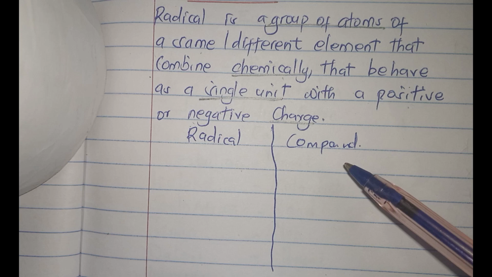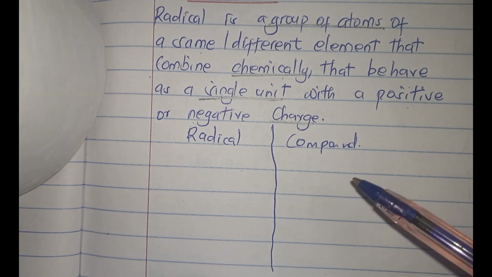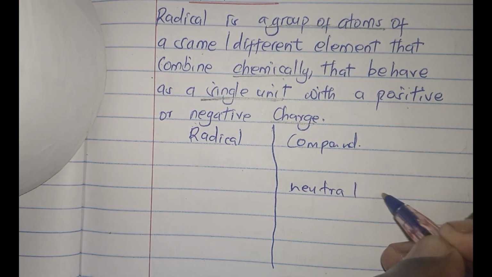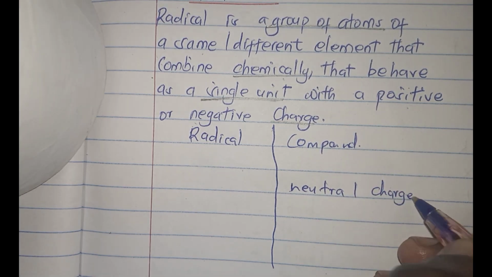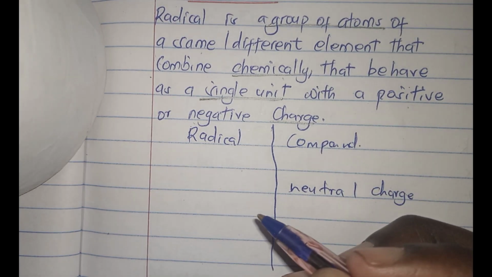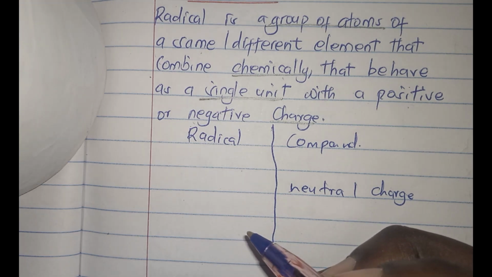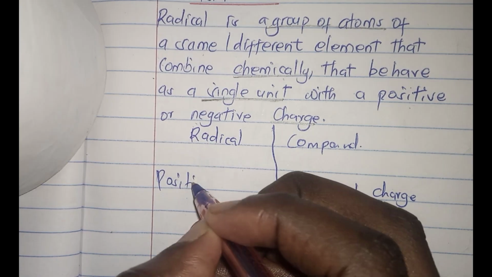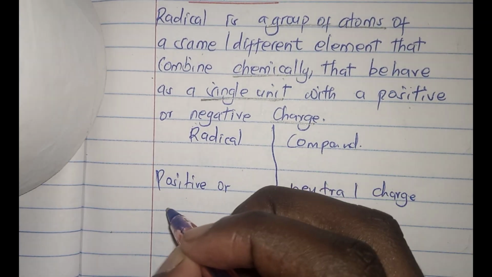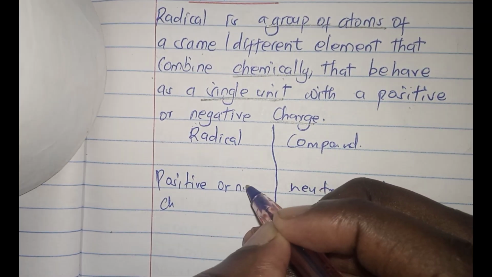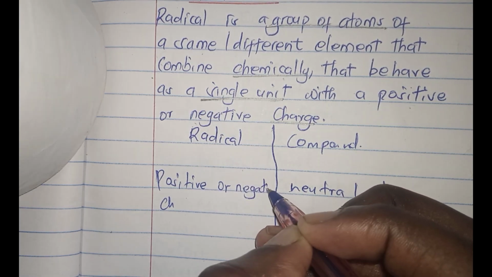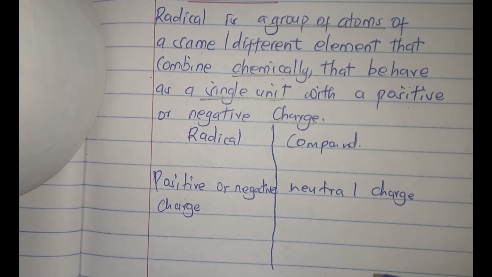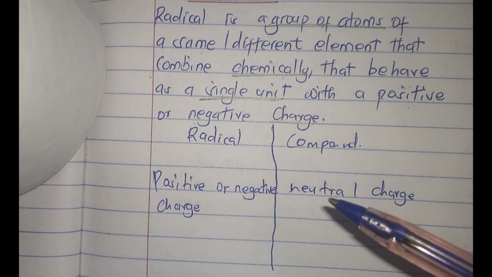But a compound has a neutral charge, and a radical has either a positive or a negative charge. So this is the difference between a radical and a compound.